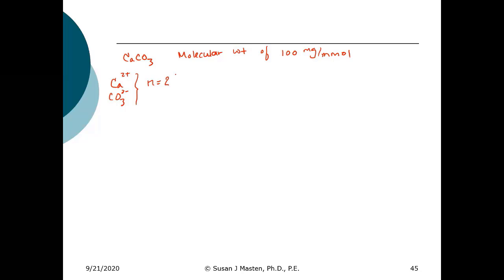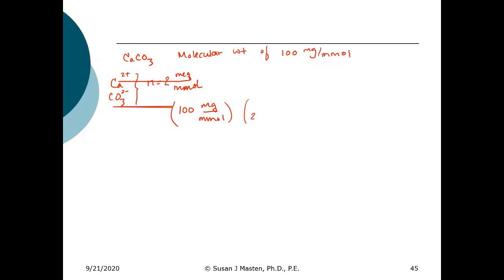That's 2 milliequivalents per millimole. So for every millimole of calcium, it is 2 milliequivalents. Equivalents of charge is really what we're thinking of. So if we take this 100 milligrams per millimole and 2 milliequivalents per millimole, the millimoles cancel, or if we did this in moles, it wouldn't matter.